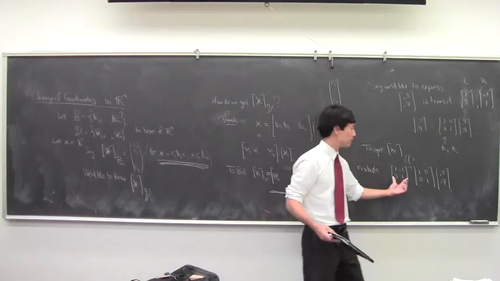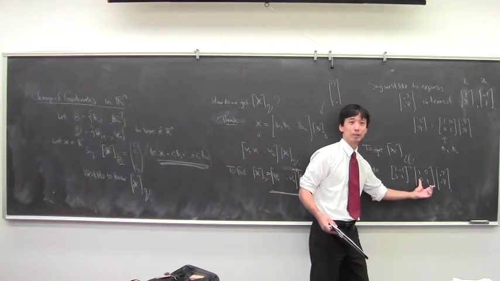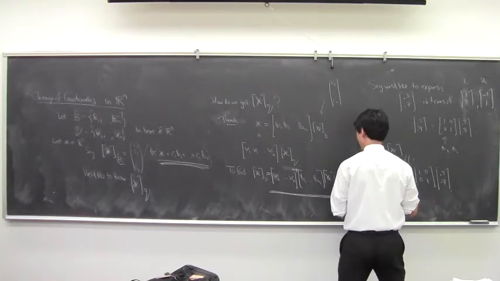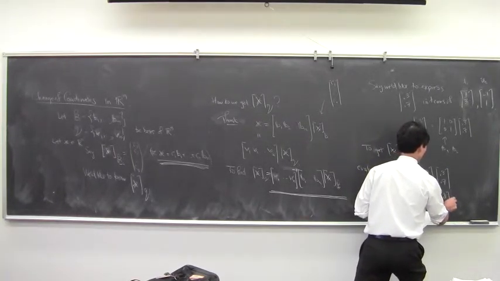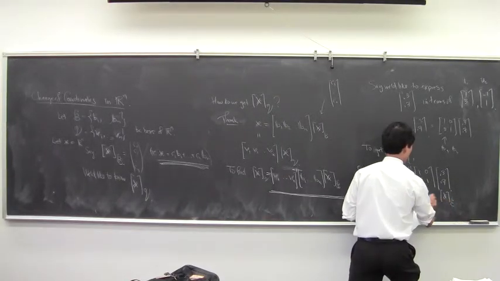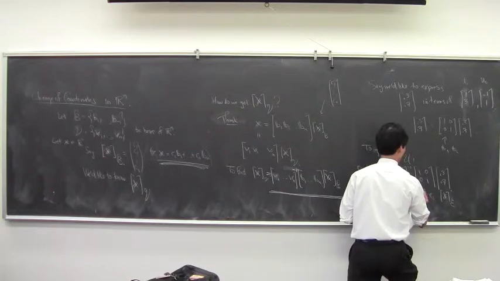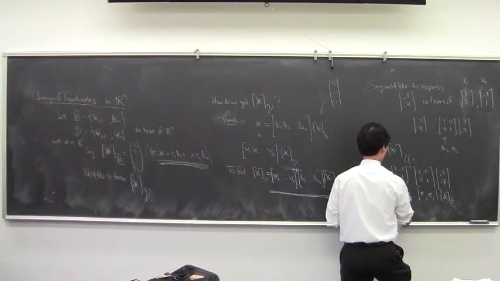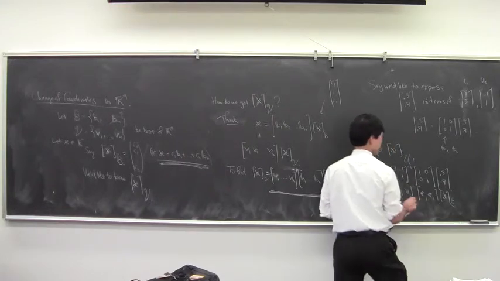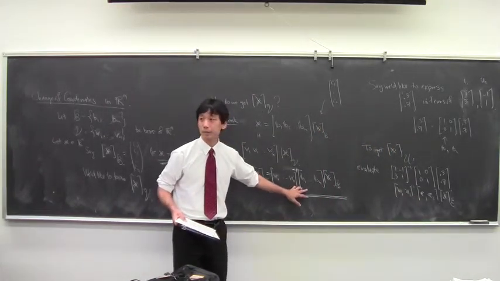So you take your U matrix, you invert it, and you multiply by this thing. This is x with respect to the E guys. This is E1, E2. This is U1, U2 inverse.